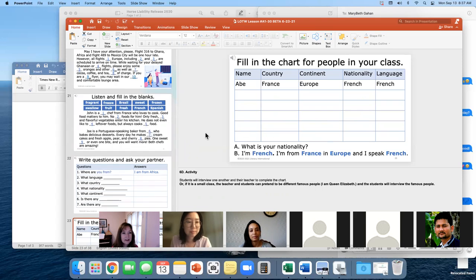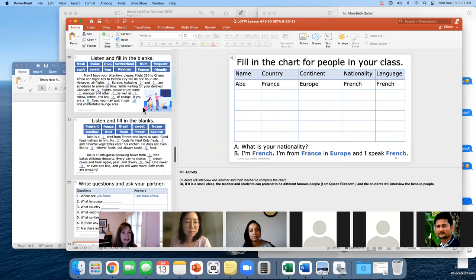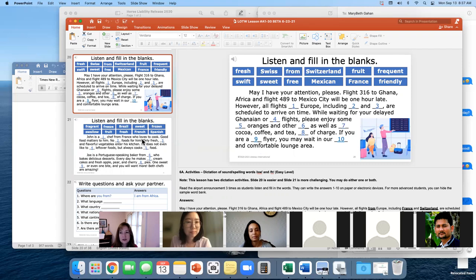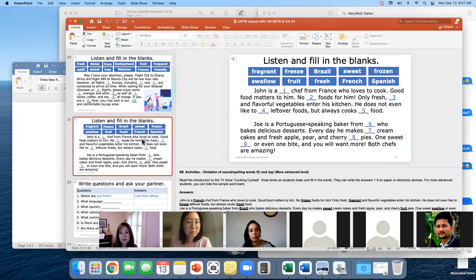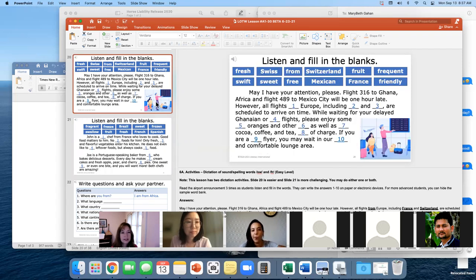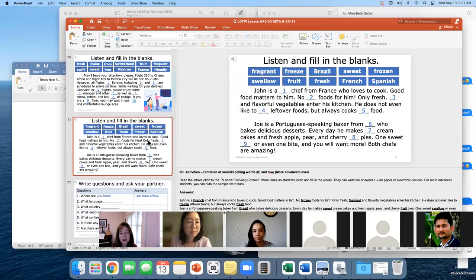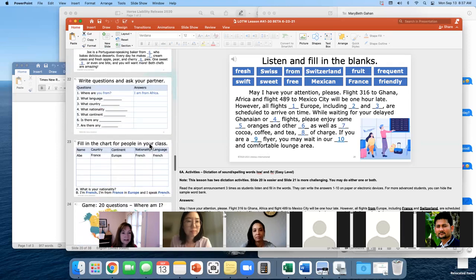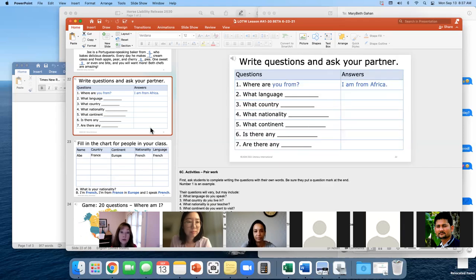And depending on your time, so for example, in lesson 30, there's actually 2 dictation levels. So you could have your students do both of them or just one of them if you want. Sometimes you could have them do some of these for homework.